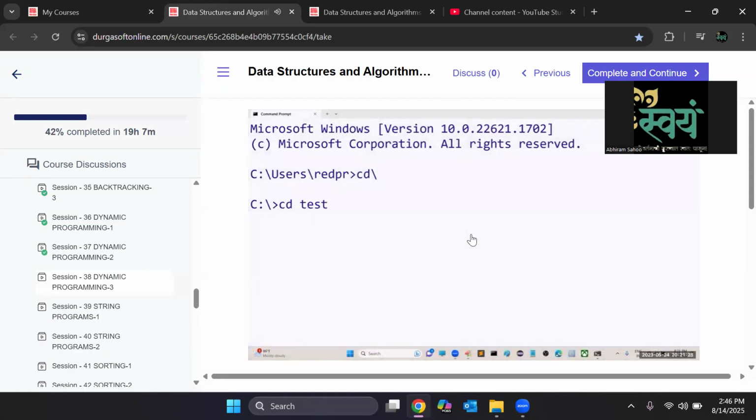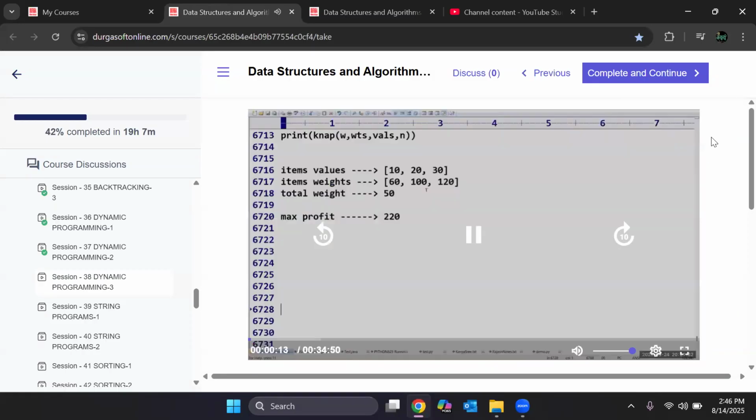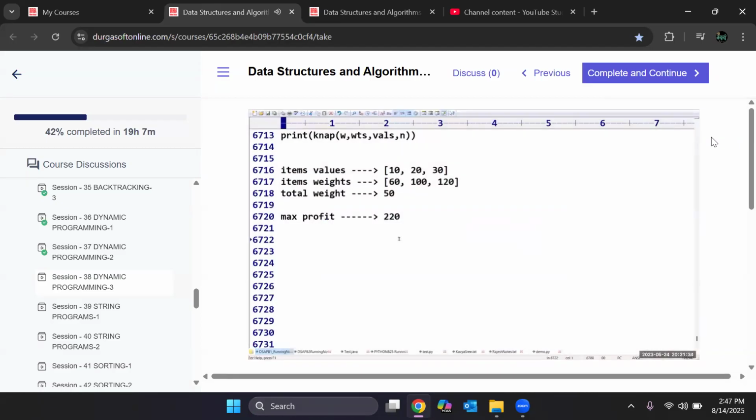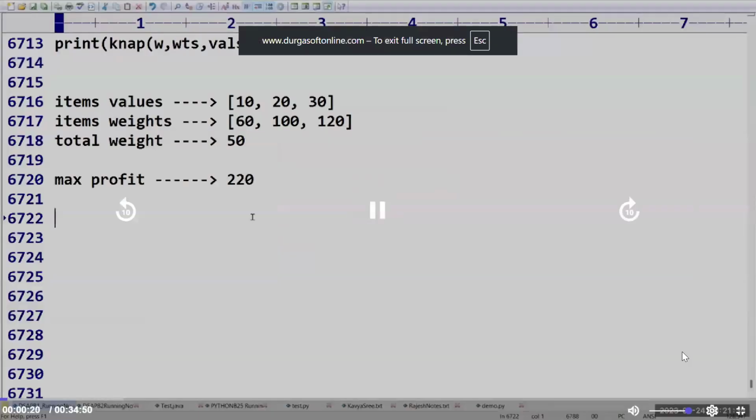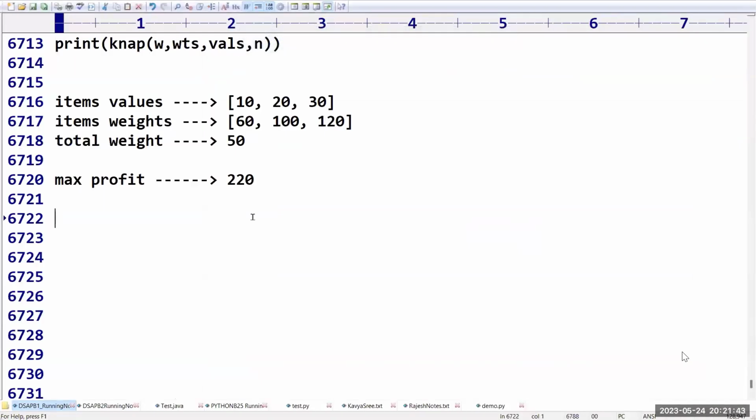We have seen very clearly how we can work with dynamic programming, right? The basic fundamentals of dynamic programming we discussed already, and we also covered various applications very clearly.